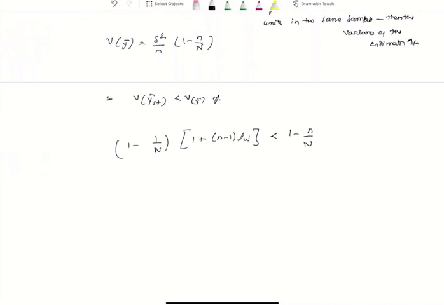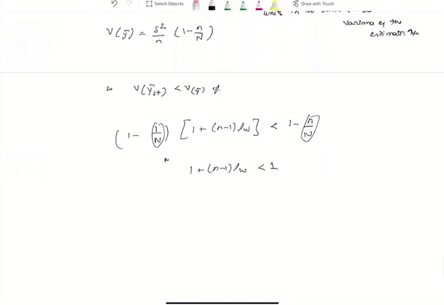Now if n is very large, then we can ignore this whole thing, and then what it will become is 1 plus n minus 1 rho w is less than 1.